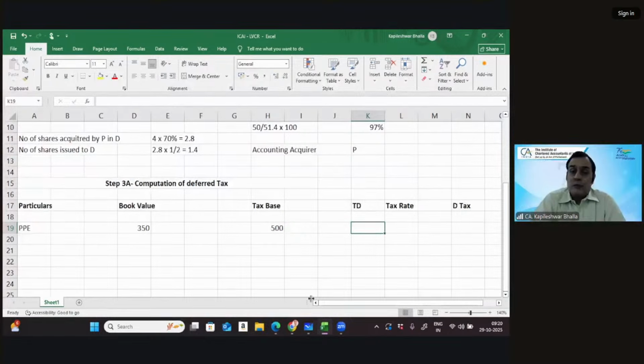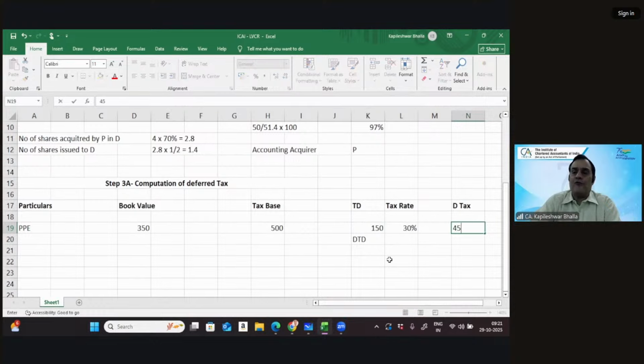In this particular case, we can clearly see that the book value is lesser than the tax base. So this difference of 150 is a deductible temporary difference. I'm putting this as DTD. The tax is at the rate of 30%. So when you multiply this 150 with the 30% tax rate, this comes to a total of 45.